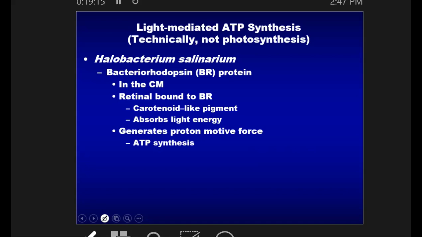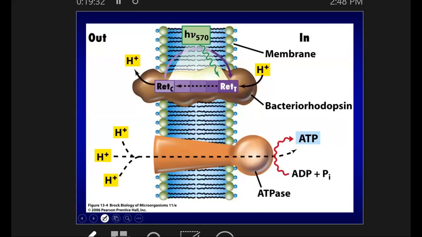So these microbes can hang out in really, really salty places. If you've ever flown over California and you see those different colored salt ponds, they can be bright orange, pink, and a lot of that's halobacterium in those salt ponds. They love that. And so here you're seeing visually the idea of what we just talked about.